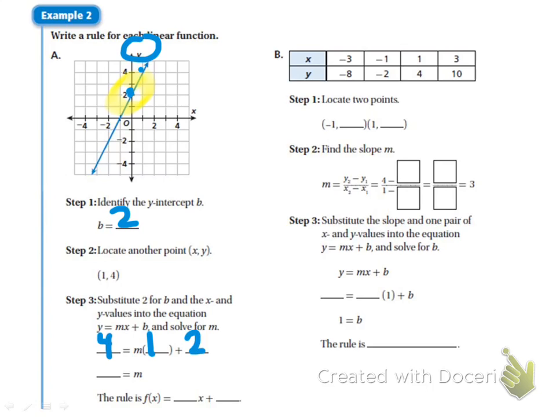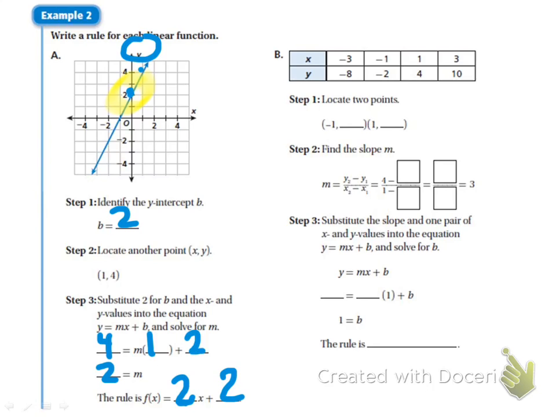So when I solve this, I do 4 minus 2 is 2. So 2 is my slope. So the rule for this linear function is f of x equals 2 times x plus 2.